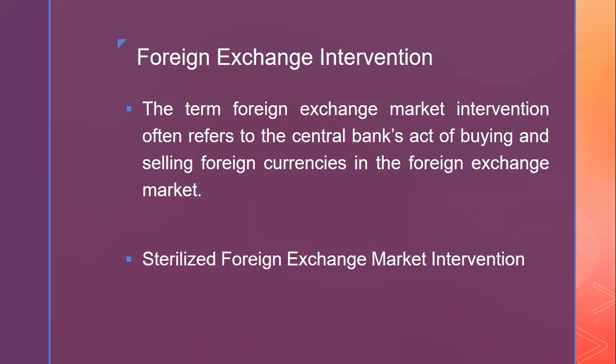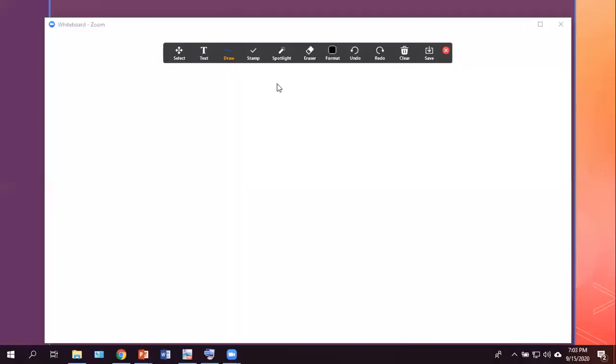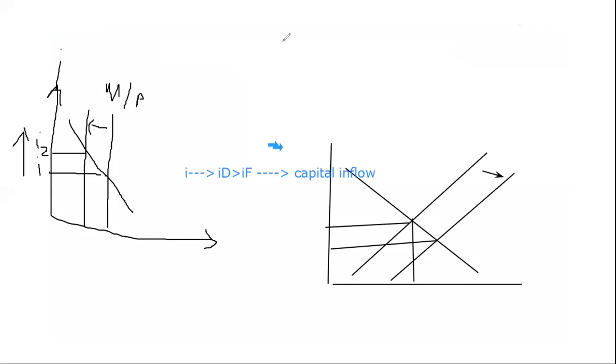Now let's suppose the central bank purchases the foreign currency. I will again share the whiteboard to elaborate more.